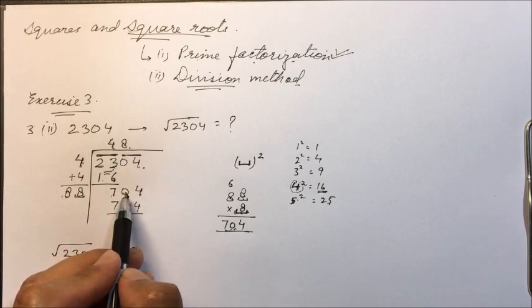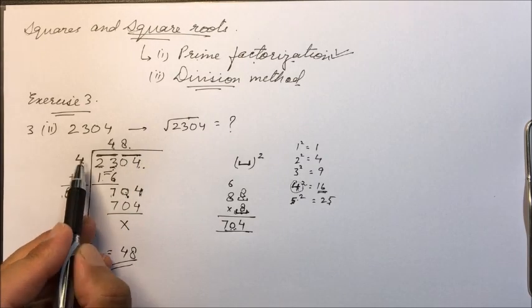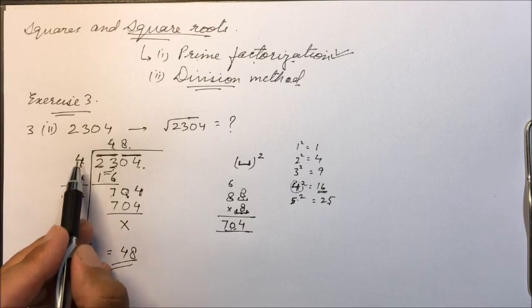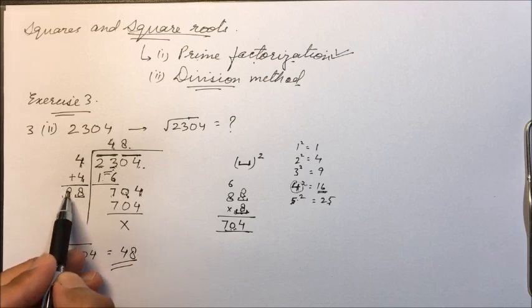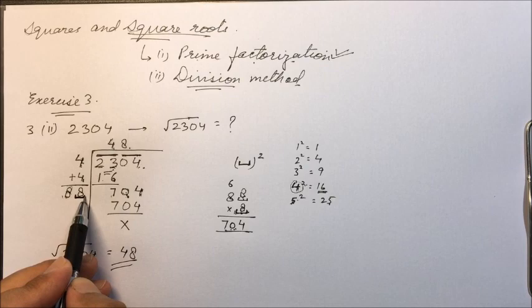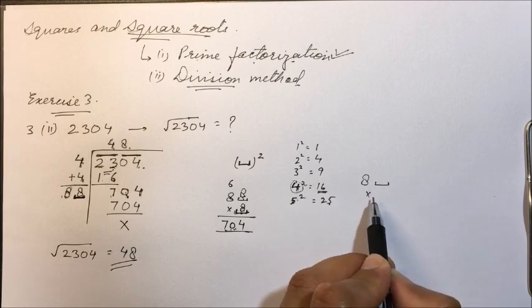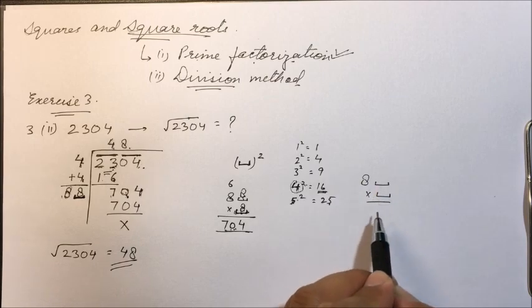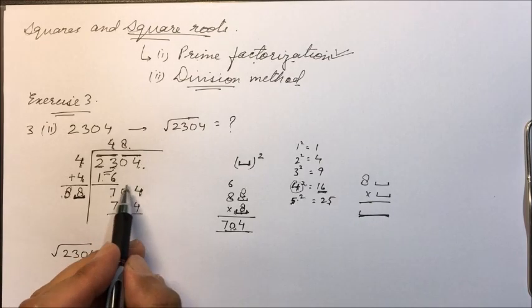Now we write down the whole pair 0, 4. Now add 4 to the divisor: 4 plus 4, the same number, will be 8. And here we do not know what digit will come. So how do we find this digit? This digit will be such that 8 followed by the digit, multiplied by the same digit, gives a product that should not exceed 704.